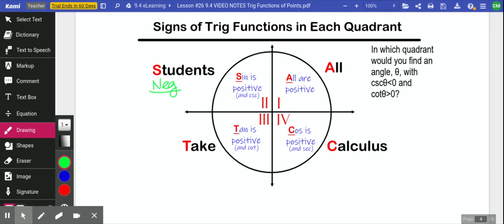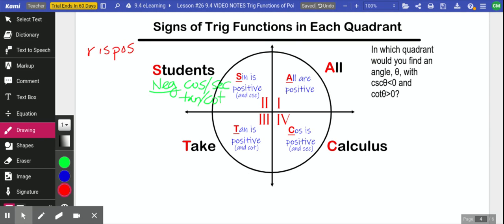So the other ones are negative. So negative would be cosine and secant and tangent and cotangent. Well, why is that? Well, sine is y over r. So remember that r is always positive.